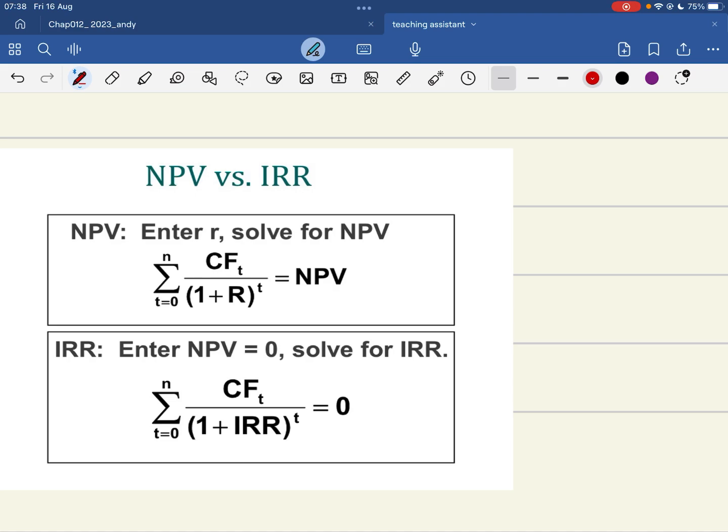We enter the required return, we solve for the NPV. But now, instead of inputting the required return, we already know the NPV, because as I have explained, the IRR will make the NPV equal to 0. So we just replace the NPV with 0, and here we will find the R, which is the IRR in the formula. So this is the only difference between the NPV and IRR methods.